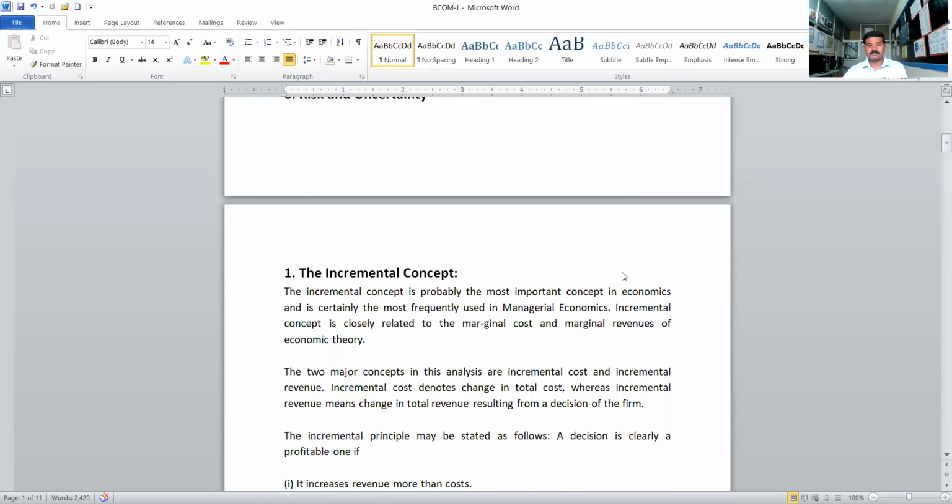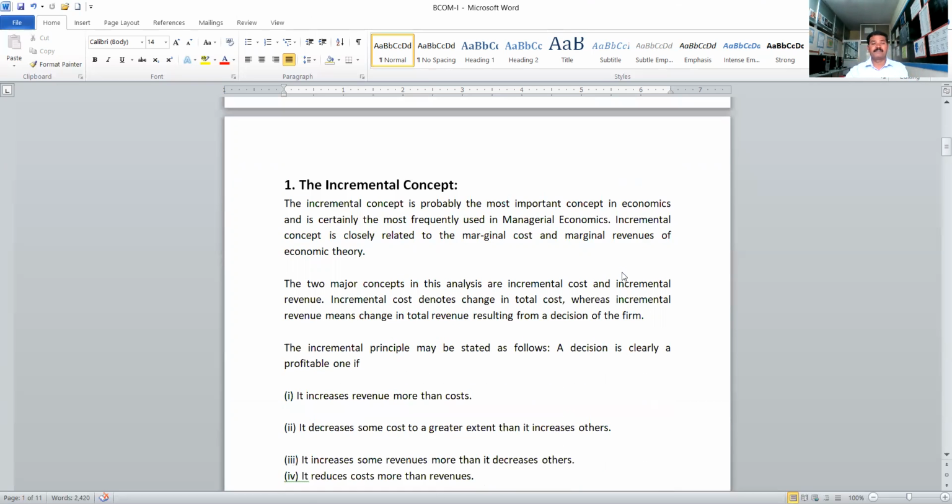The first one, the incremental concept: what does it indicate? The incremental concept is probably the most important concept in economics and is certainly the most frequently used in managerial economics. The incremental concept is closely related to the marginal cost and marginal revenue of economic theory.